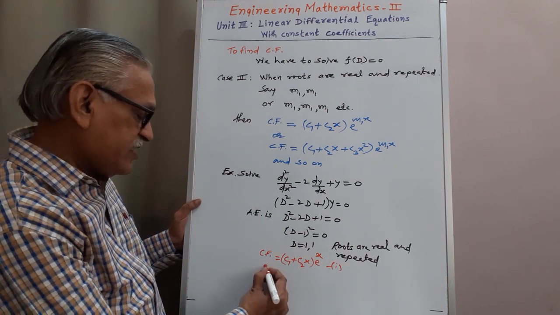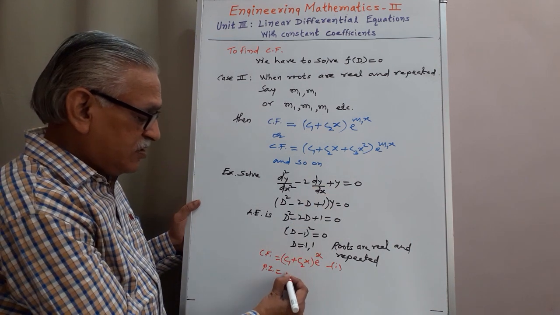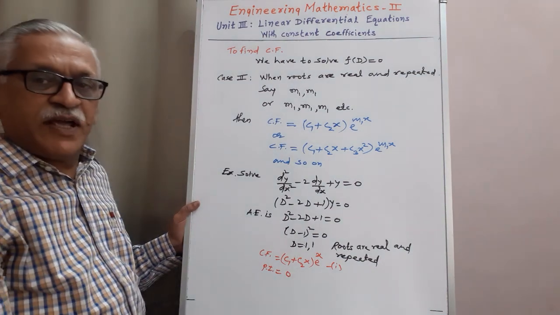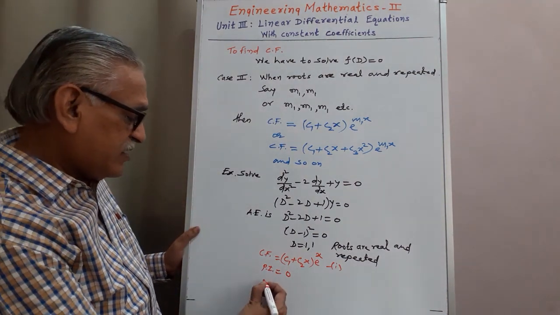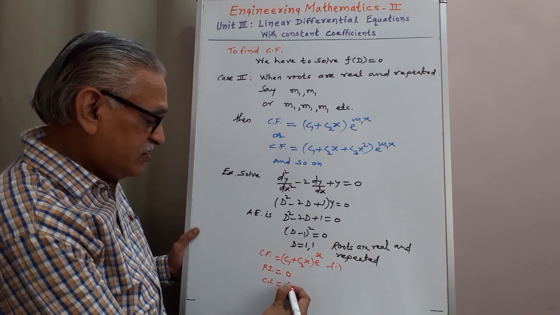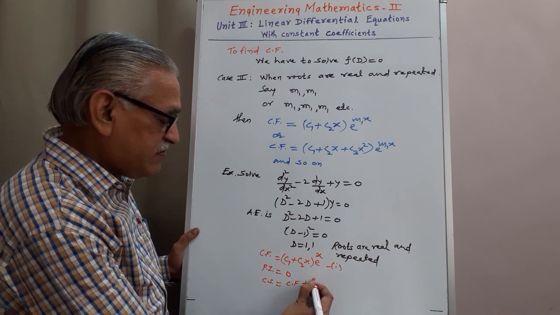Then particular integral: as the right hand side of that equation is 0, the particular integral does not exist. We write PI equals 0. And then the complete solution or general solution is CF plus PI.